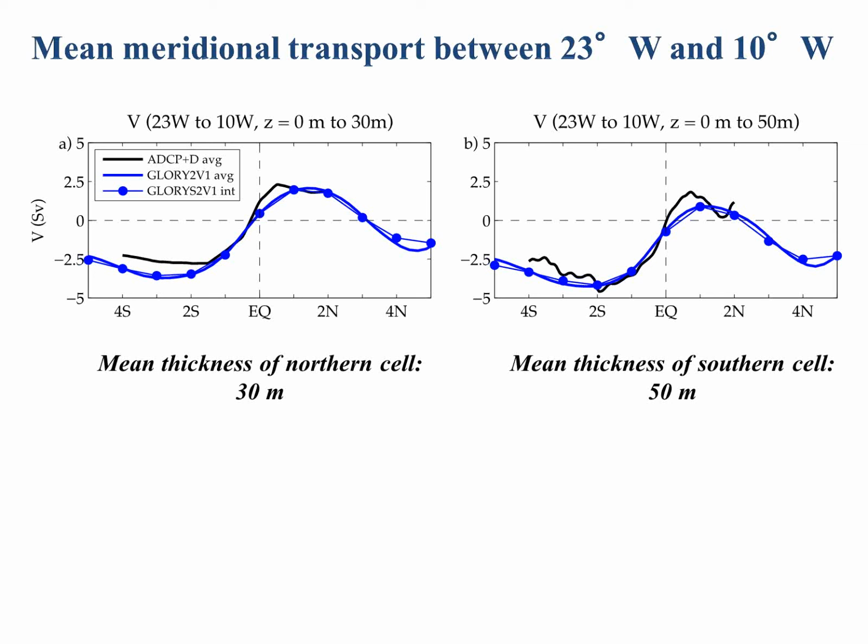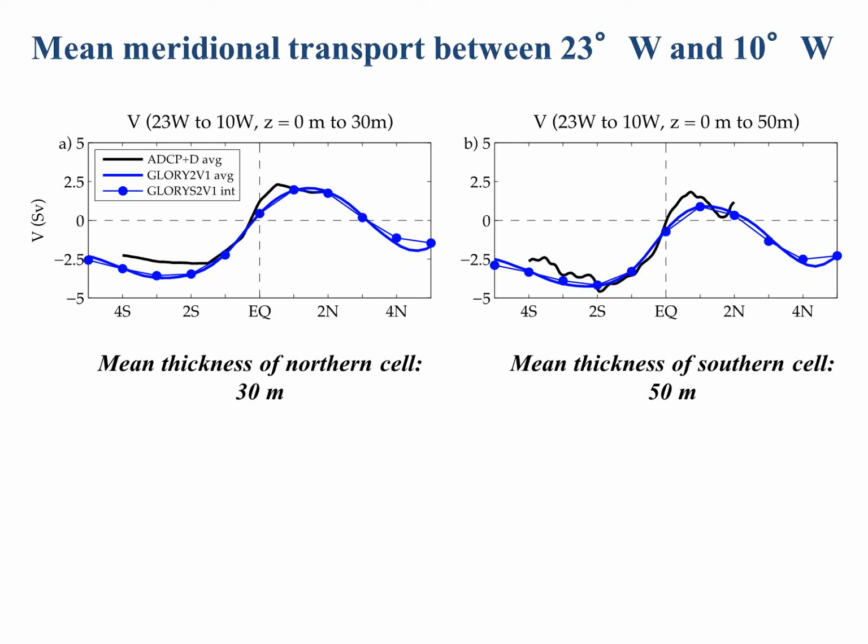And the other thing that the model gives us that the observations don't is that I can compute the transport as I did for the observations, where I just averaged the velocity at 23 west with the velocity at 10 west, and then multiplied by the distance between the two to estimate the transport. So it's like a box transport calculation. But in the model, I can actually integrate between 23 west and 10 west because I have all of those points. And that's what this line with the dots is.